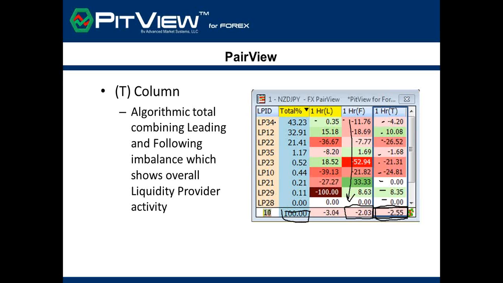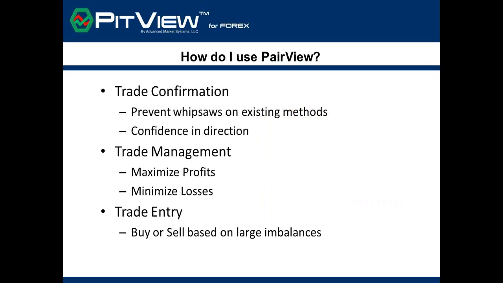In fact, sometimes I won't even have all of this area up on my screen. I'll just have this showing right down in here. So negative 2.55 means that out of all the activity at the bid and ask price, whether it be leading or following, it favors obviously the sell side of the equation on New Zealand yen.